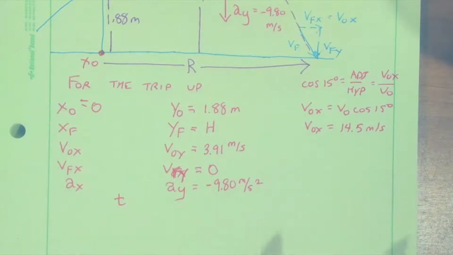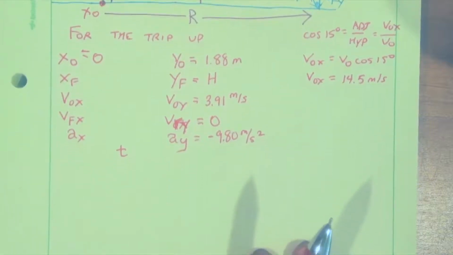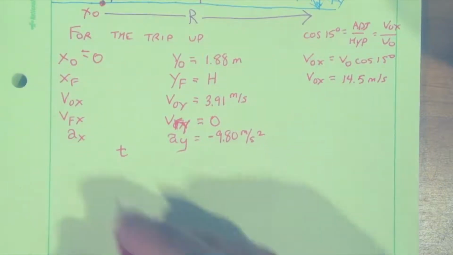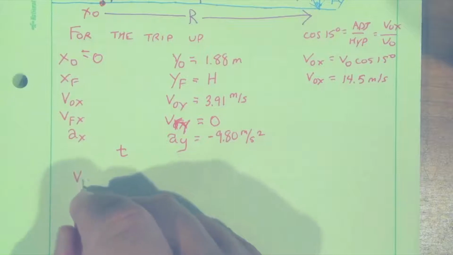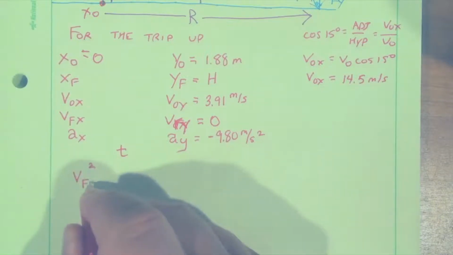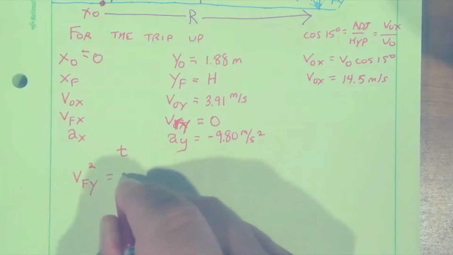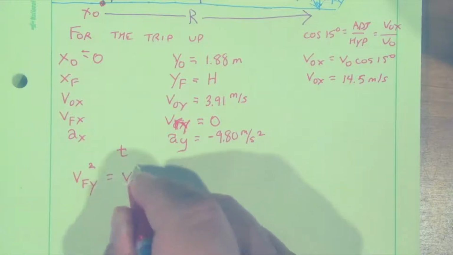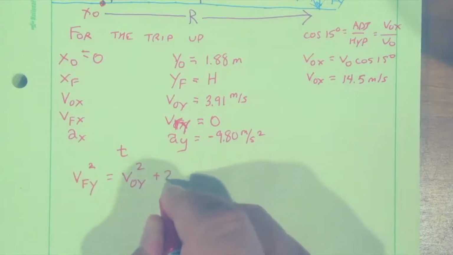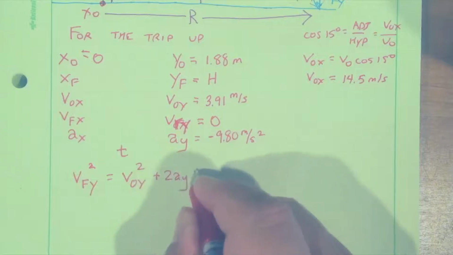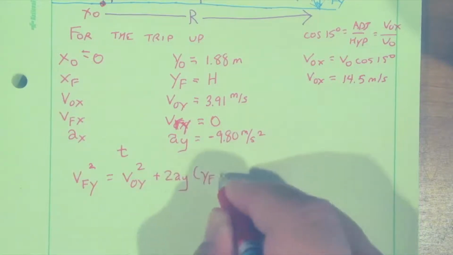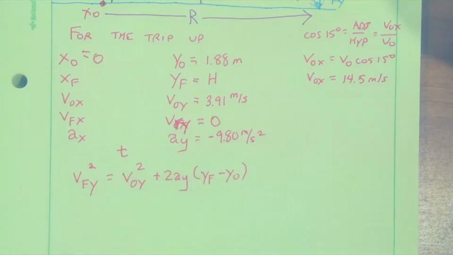So, without knowing the time, we can think in terms of the third kinematics equation, except now we write it with the subscript y, because we only focus on those quantities that are in the vertical direction. Right?